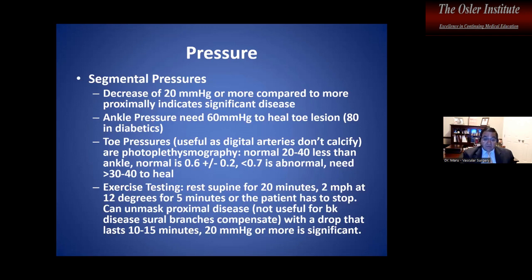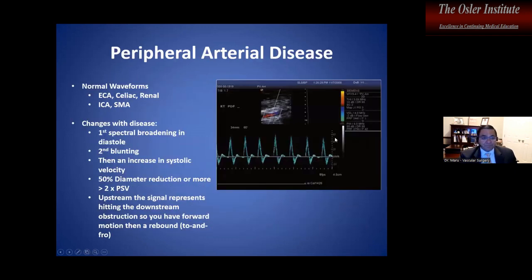Supine for 20 minutes, 2 miles per hour at a 12-degree incline for 5 minutes, and then stop. It can unmask some other things, especially popliteal entrapment or some of these other things that you may not look for. And so sometimes a younger patient who fits that description, I will order that exercise test. So be careful about that.